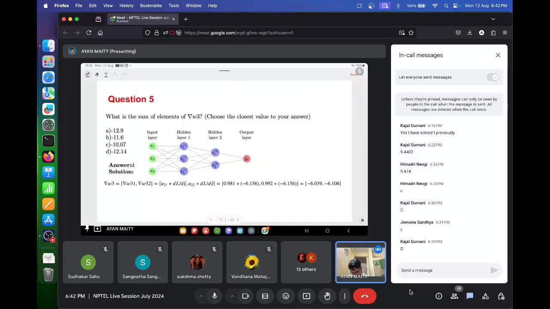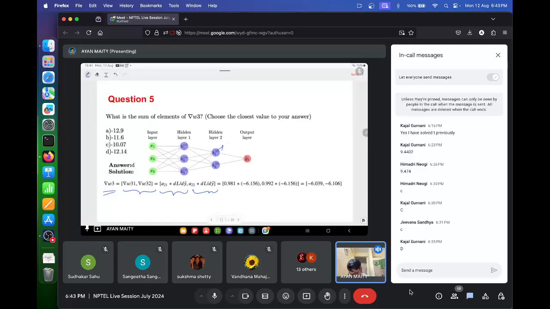So written here, the gradient of W3 contains two components, gradient of W31 and W32. W31 is this one, A21 into dl dy hat, and this is gradient of W32, which is A22 into dl dy hat.